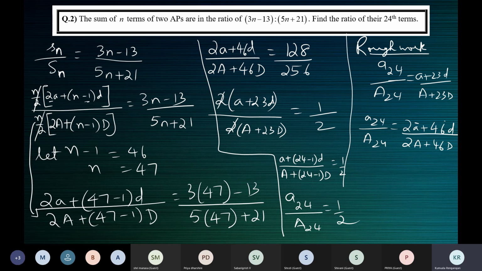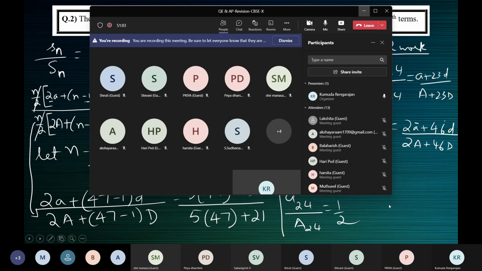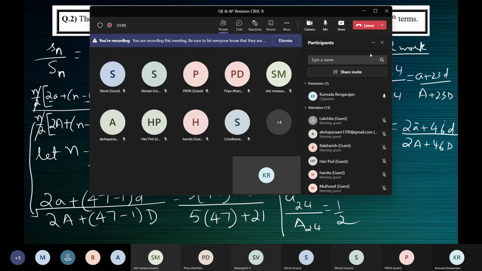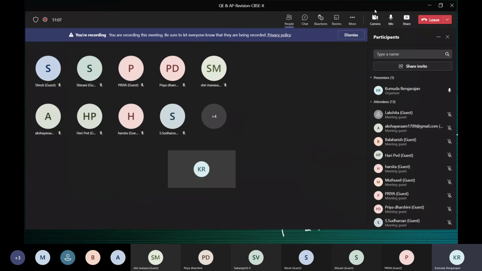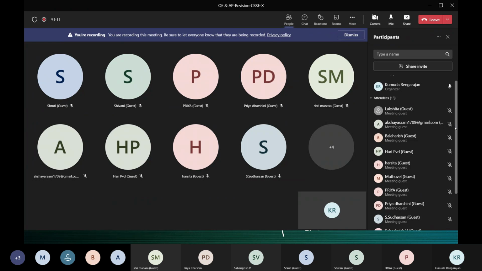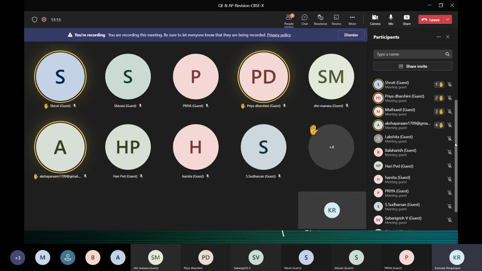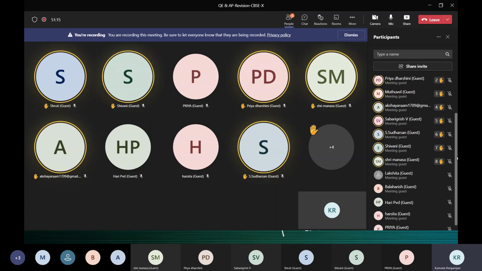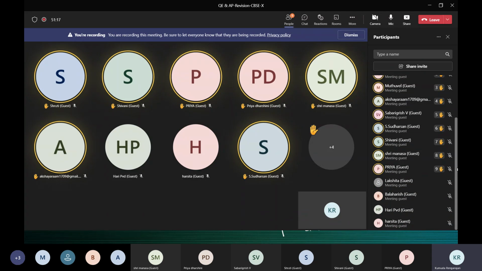So children, 1 minute, ma'am. 13 of us in the class. Class, use the emoji, raise your hand. See, Darshini, Mutube, Aksharam, Sabari Krish, Darshan, Shivani, Manasa, Priya, Balharish, Hariharan, Rakshita, Harshita.